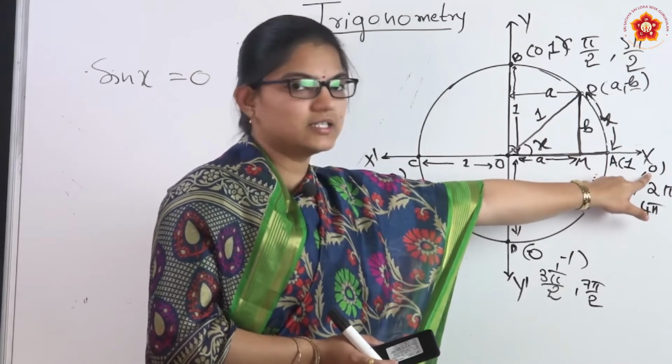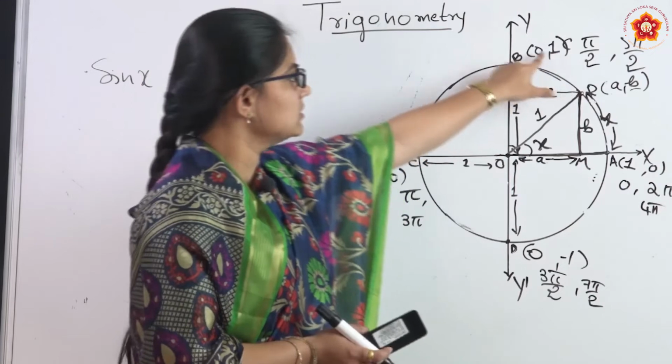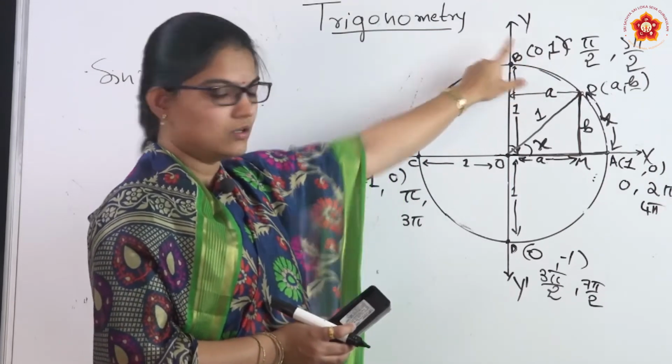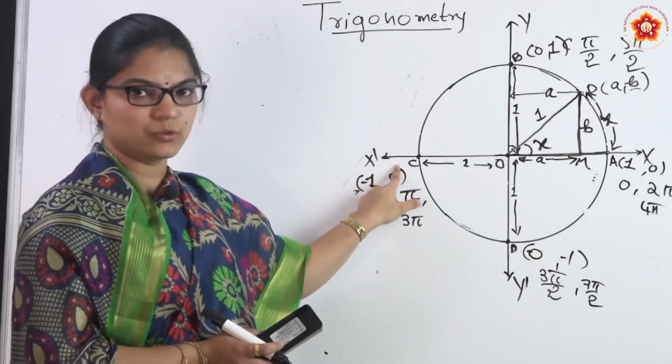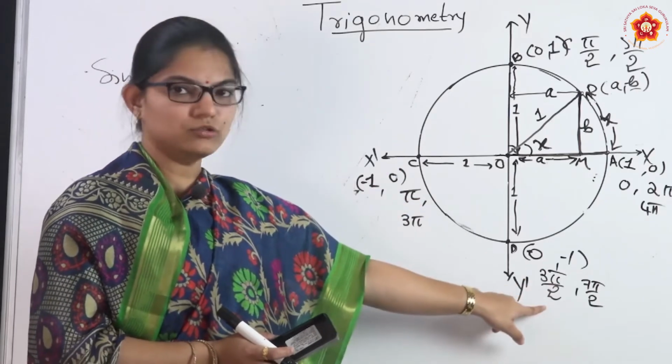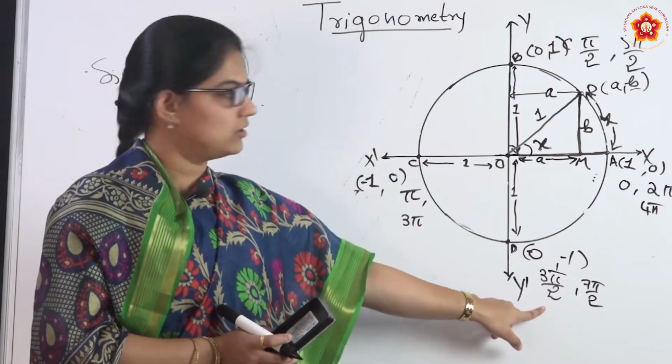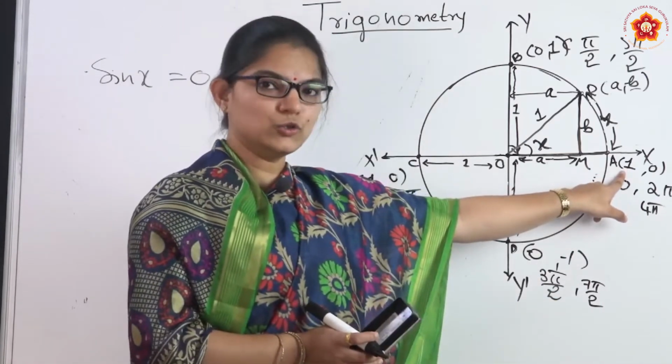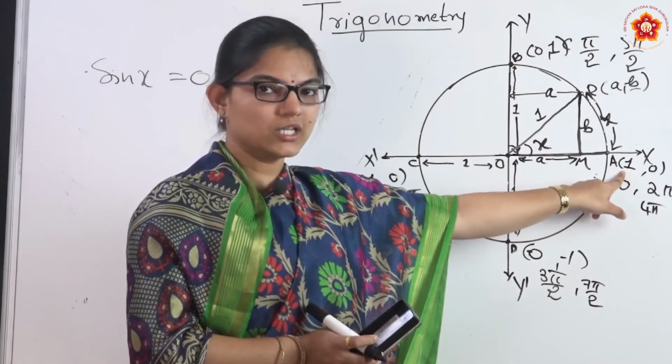You can see here, right, sin 0 is 0, next sin pi by 2 you got it as 1, next sin pi is 0, correct. Next for sin 3 pi by 2 you got it as minus 1. Again for sin 2 pi you got it as 0, correct.